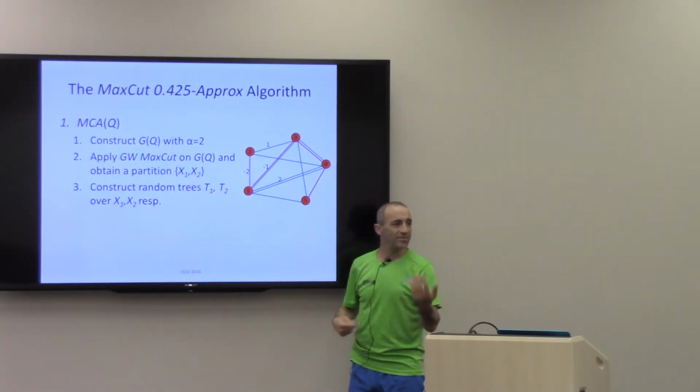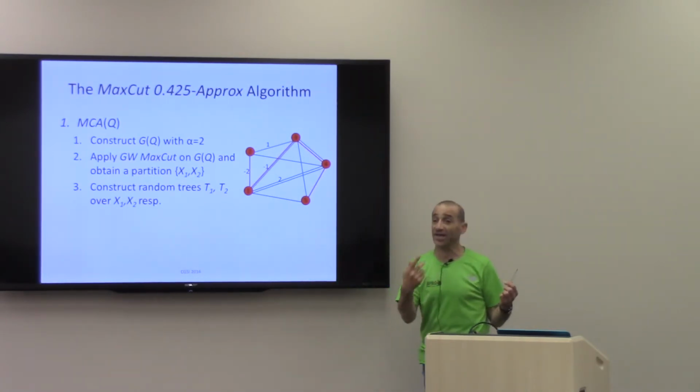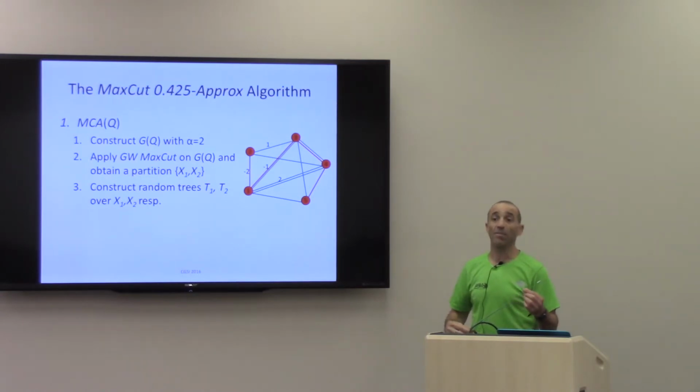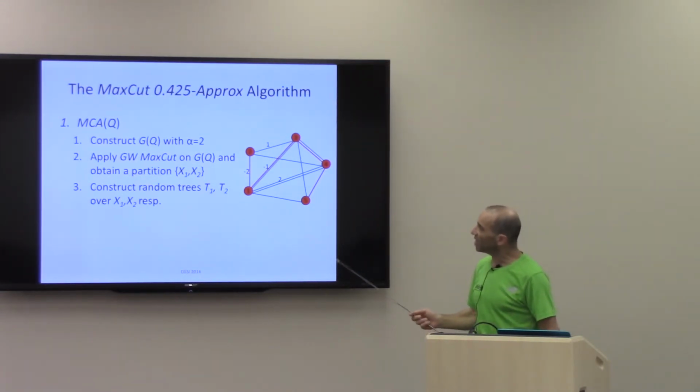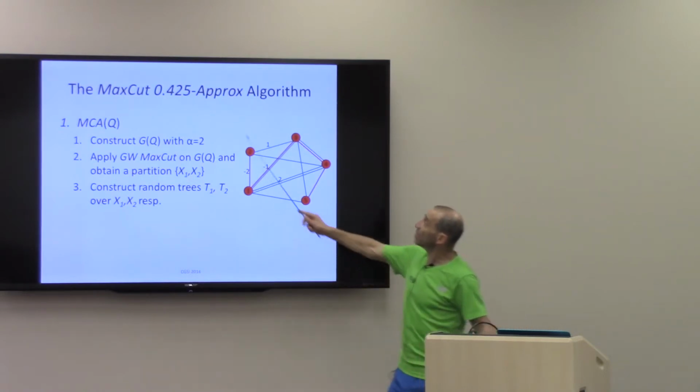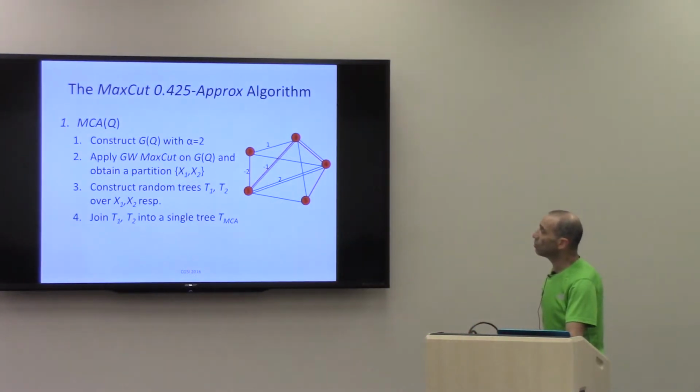One may think why we did not continue recursively like in our max cut heuristic. It is quite involved, and it has to do with the randomness, that we lose the randomness here. Okay, so that's it. We join T1 and T2, and we return a single tree, T max cut approximation.